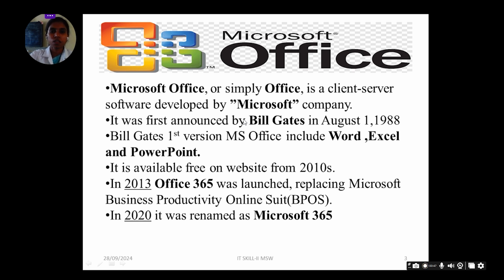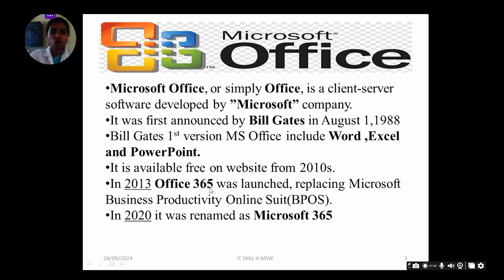In Bill Gates' first version of MS Office, he included only Word, Excel and PowerPoint. But these three play a very major role among all other MS Office tools. And it is available free on the website from 2010s.